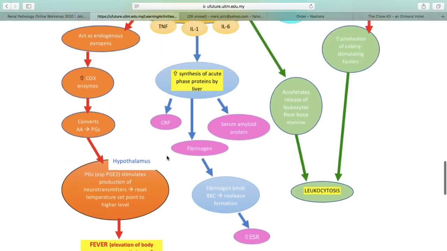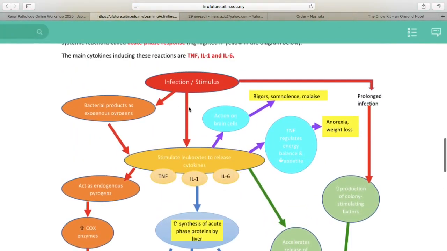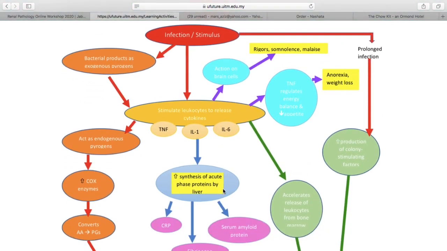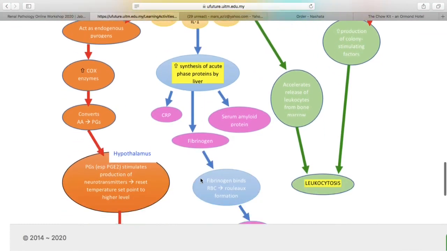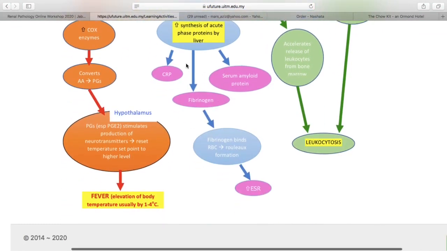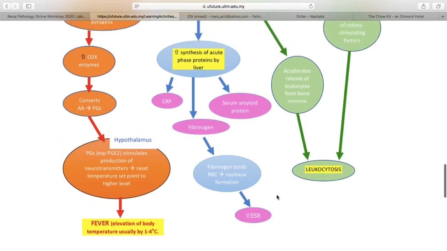Then you get fever. Okay, and the same stimulus, because you now have release of cytokines from the leukocytes, will affect the liver to increase synthesis of the acute phase proteins, and that leads to the high CRP, fibrinogen, serum amyloid, and high ESR.